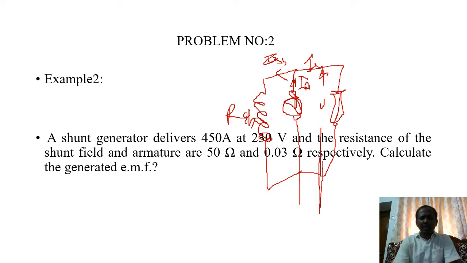The problem says the shunt generator delivers 450 ampere at 230 volts. V is given: voltage V is 230 volts. The armature current is given as 450 amperes.